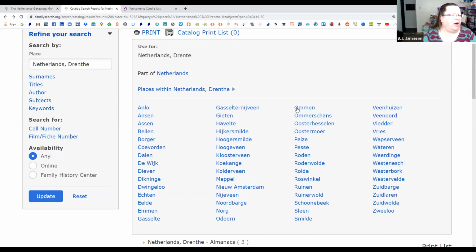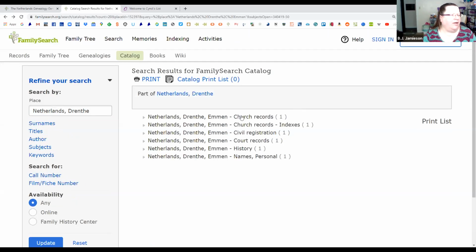Oh, wait a minute, is it Amen or Emin? Then you need to look. But it gives you the places, these are all the smaller units. These are the municipalities in the province. And so if you go to Emin it would give you that list.